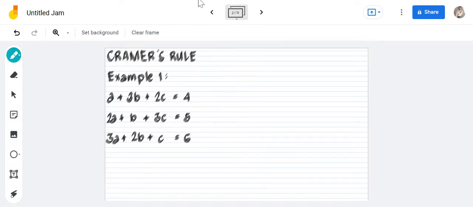So our first step again is to transform our given equations to their matrix form.